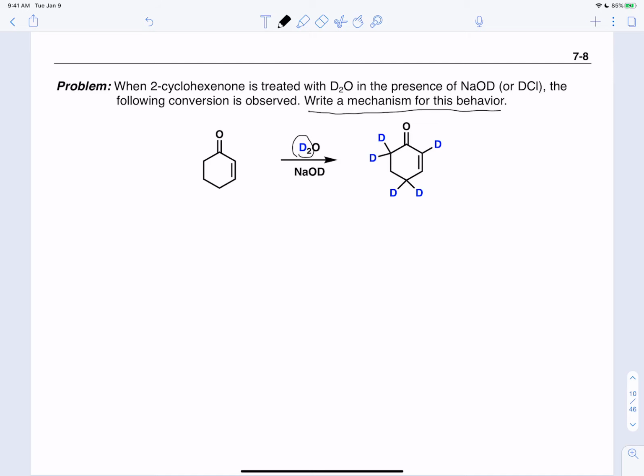So let's first talk about the hydrogens that are right next to the carbonyl. These end up being probably the most straightforward ones to see, because we already talked about how protons that are adjacent to a carbonyl group are quite acidic. So if we have our deuterium oxide, this can simply deprotonate this hydrogen to make a new enolate.